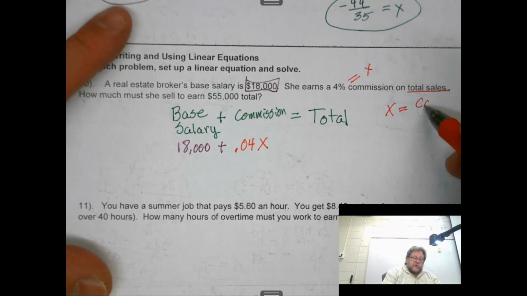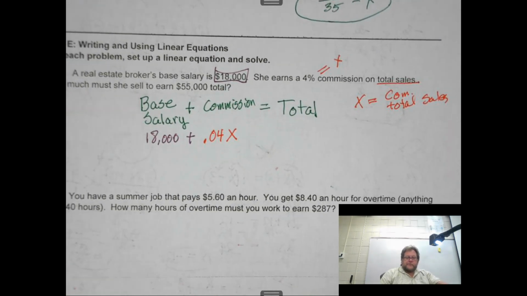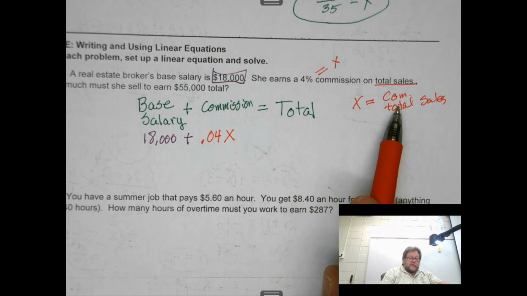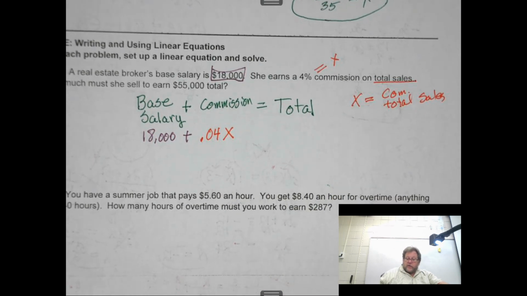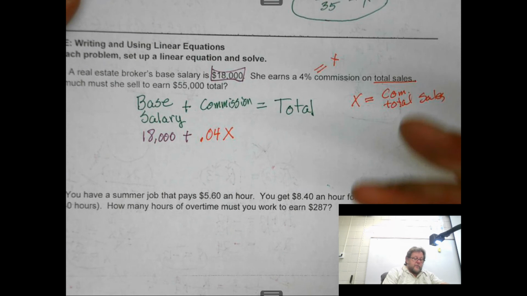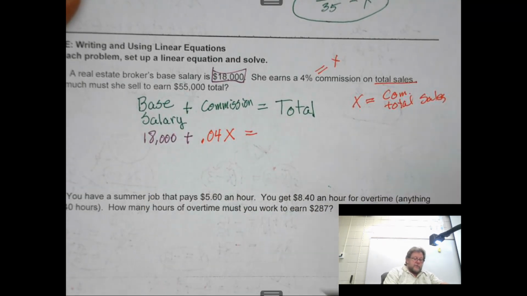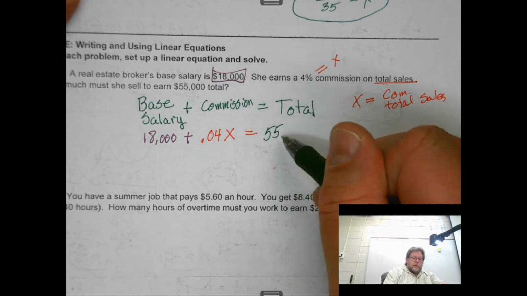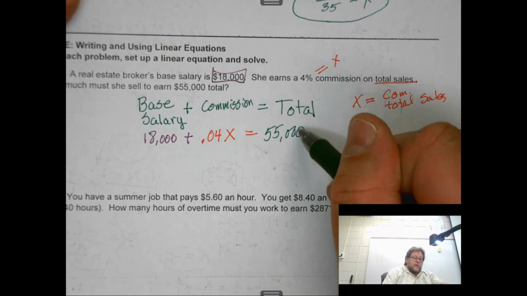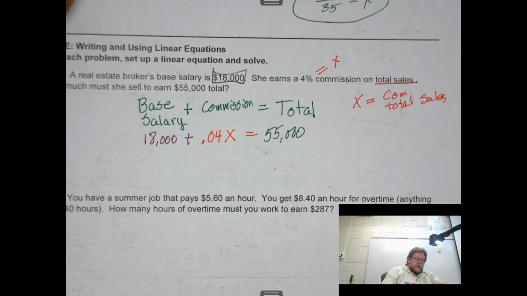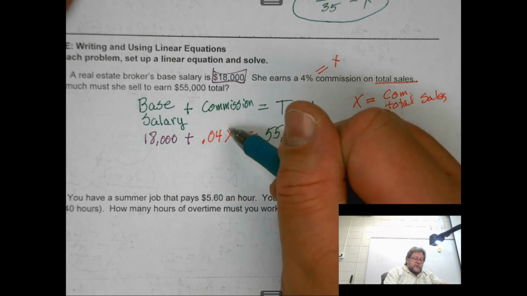So now I go ahead and just solve for x. I need to get my variables on one side. I'm going to subtract $18,000 from both sides. Hey, look, it's kind of like paying taxes. Your money gets wiped out. So I got 0.04x equals 37,000. And I'm going to divide by the coefficient, 0.04 on each side.